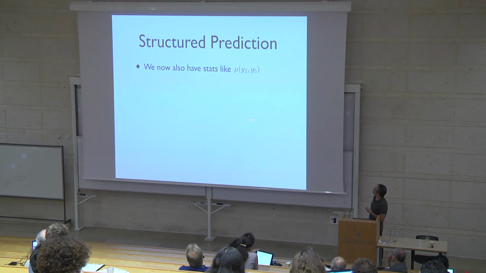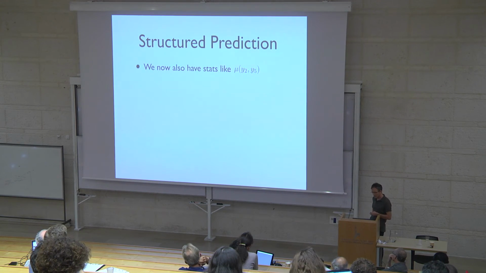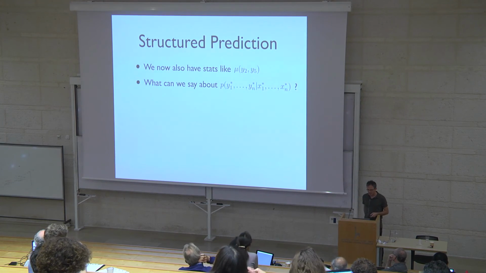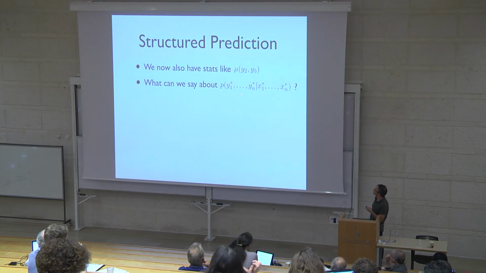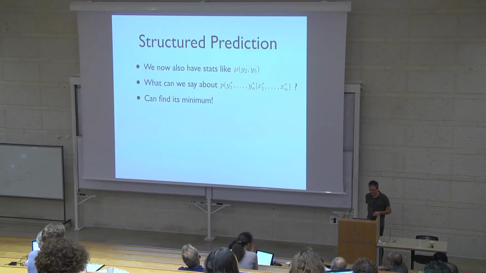In that case, since our y now is complex, it might be a bunch of labels, we might have input marginals like this that tell you something about the dependency between the y's. So the question becomes more complex: what can you say about the probability of a structured label given some input?